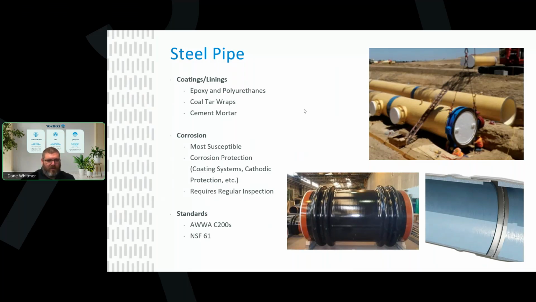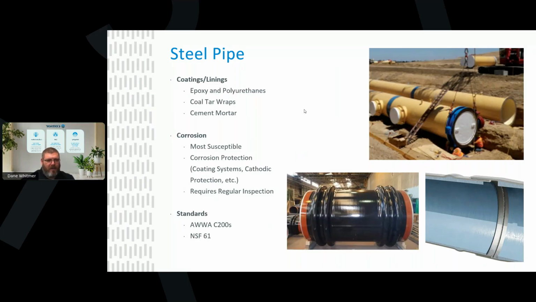So if your steel pipe is exposed and you have some kind of architectural consideration, epoxy is not the way to go, because over time it'll fade in color because of that chalk coating that gets built up from the UV degradation. So what you'll use for an external is a polyurethane type coating.